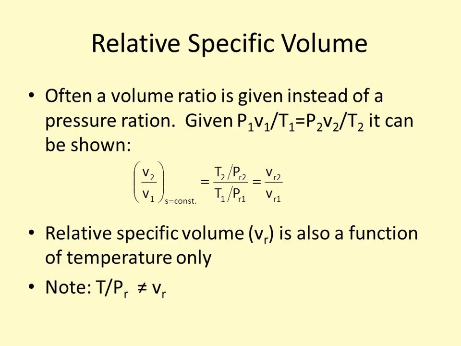It's important to note that the ratio of T2 over PR2 divided by T1 over PR1 is equal to the ratio of these reduced specific volumes, but T2 over PR2 does not equal VR2. It's just that the ratio of this is equal to the ratio of this, but there's not a direct correlation between T over the reduced pressure being equal to V. That's not true.